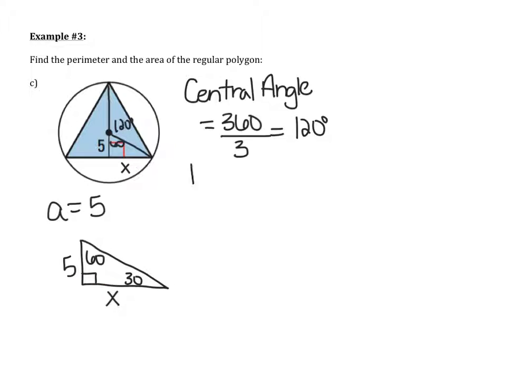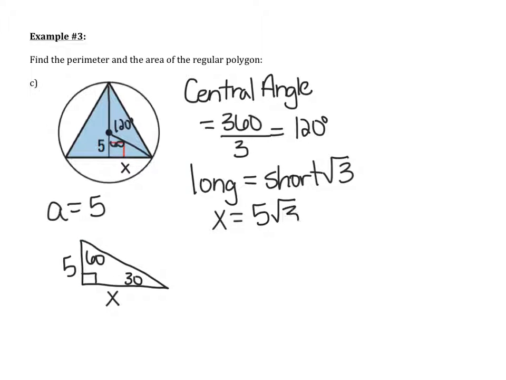I know that the long side of a 30, 60, 90 is the short side times the square root of 3. So the long side is what we're trying to find, so that's x. We just assign that as x, times the short side, which is 5, which is our apothem, times the square root of 3.